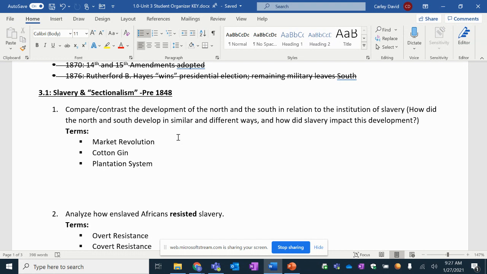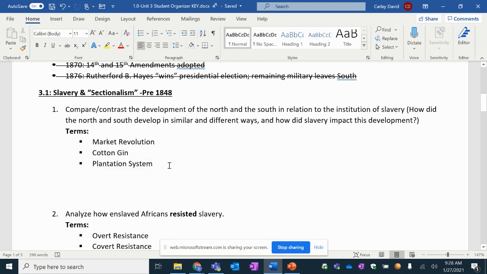We also talked about the cotton gin, which was important in making it much easier to produce cotton much more cheaply and efficiently, which led to an increase in the demand for slaves and the solidifying of the plantation system in the South, which relied on slave labor.